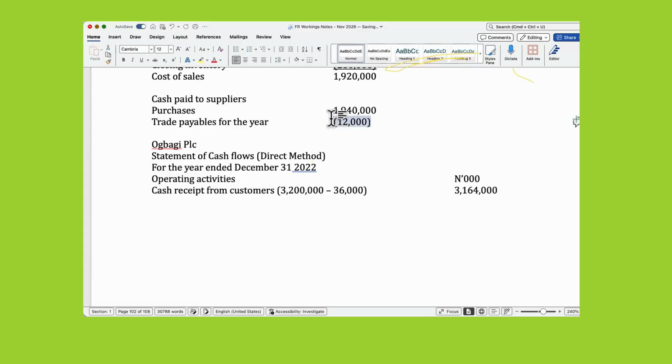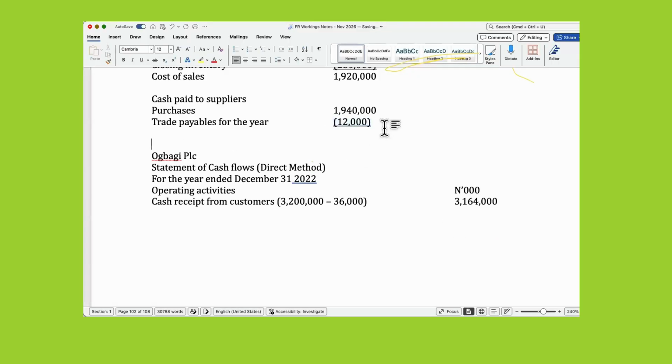So I can get this as the balancing figure. So how much is that? 1928, am I correct? Yes, sir. And this is what I need here, cash paid to suppliers.